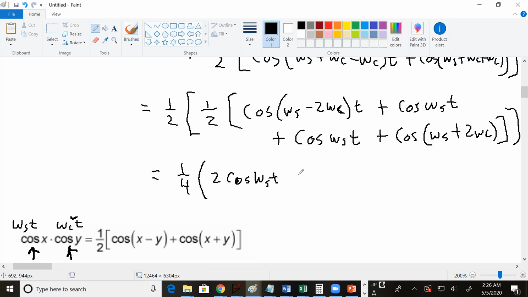And then for both of these, remember that the carrier frequency is much larger than the signal frequency, so both of these are like double the carrier frequency. We're multiplying by 250 kilohertz, so this is close to 500 kilohertz right here. Your signal is at 200, 300 hertz, but this is near 500 kilohertz. So both of these are at very high frequencies.